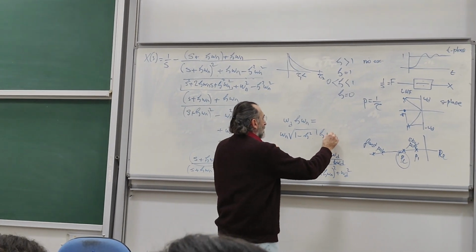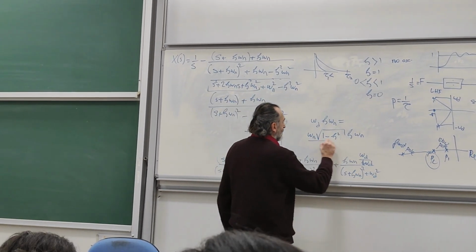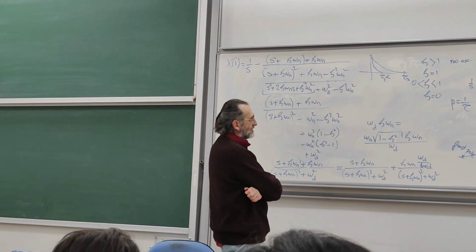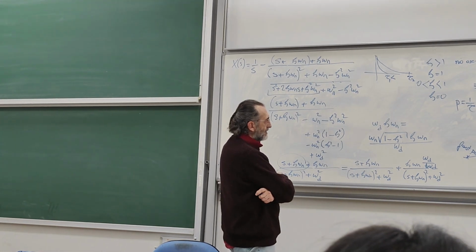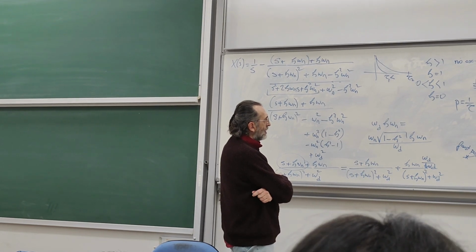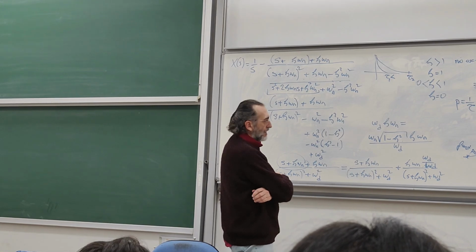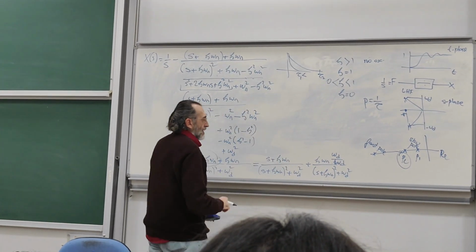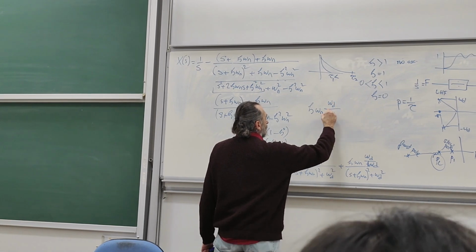That's what I have here, and I divide that by omega d. So I'm trying to get an omega d up there. So instead of doing that, maybe we can do the opposite: zeta omega n, omega d divided by omega d.